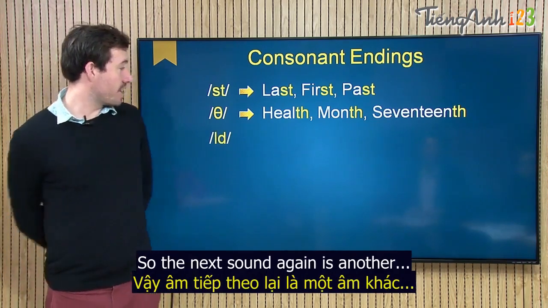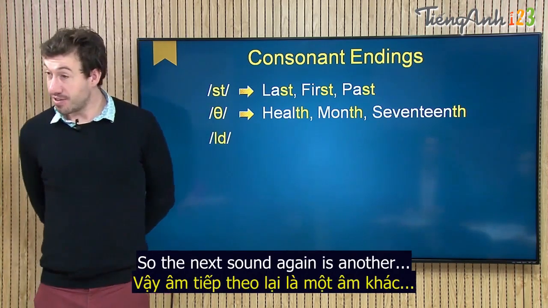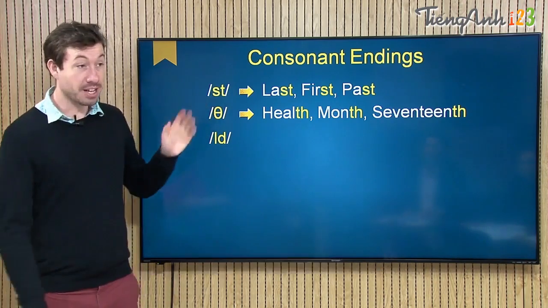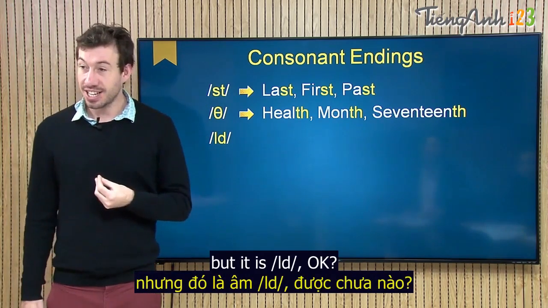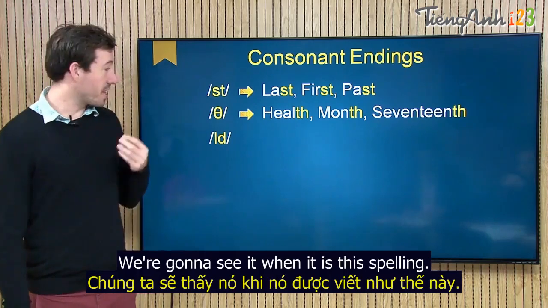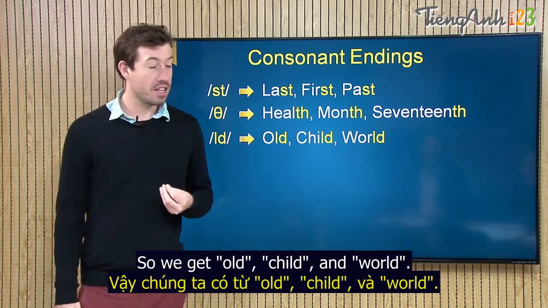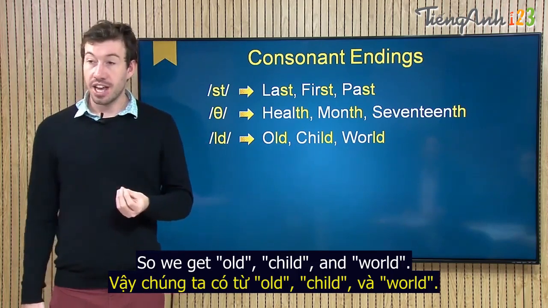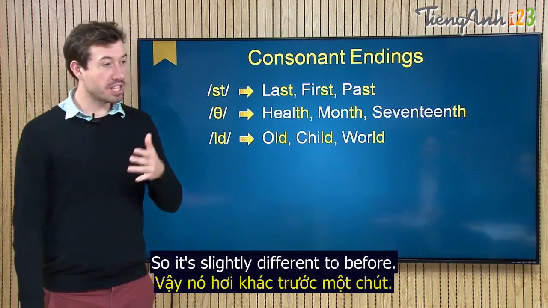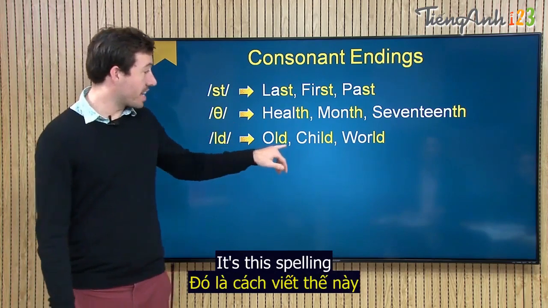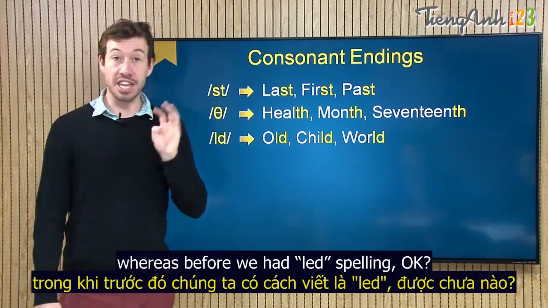So the next sound, again, we've seen it in the past slide, is this old. And we're going to see it with this spelling. So we get old, child, and world. It's slightly different to before. It's this spelling, whereas before we had the L-E-D spelling.